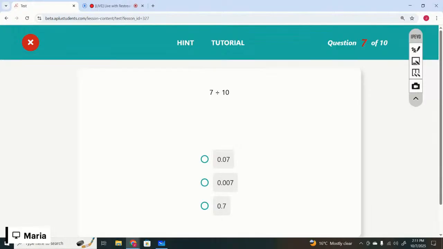7 divided by 10 equals 0.7. Option number 3 is the correct option.